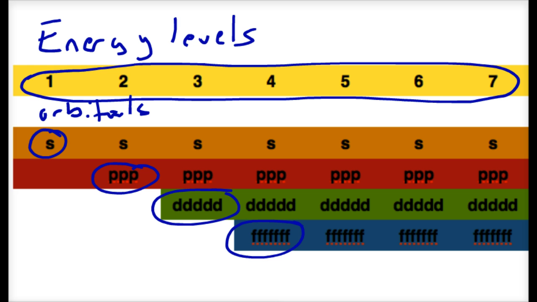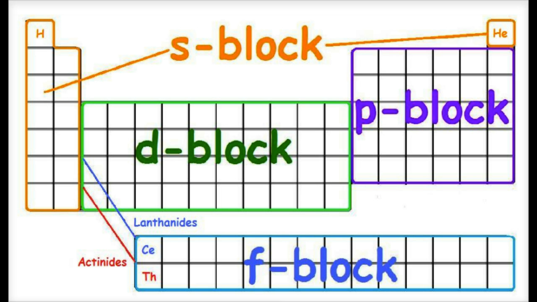To equate this to the periodic table, you'll notice, and we're going to move helium over to here for this purpose, that these orbitals are located in specific areas on the periodic table.